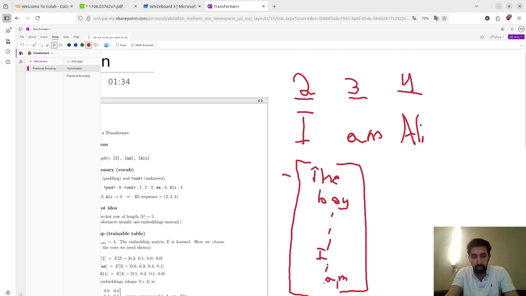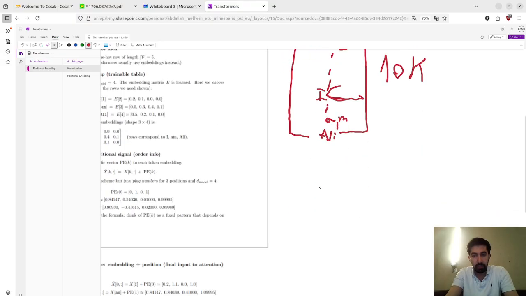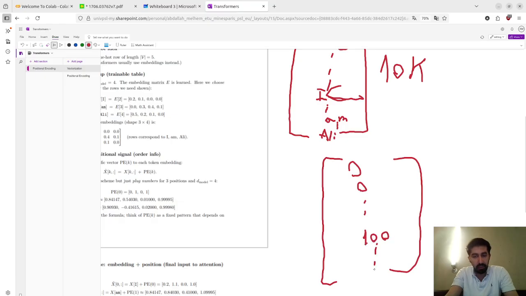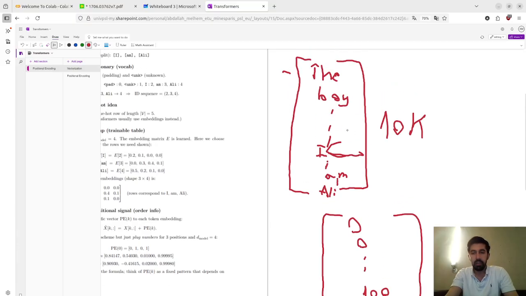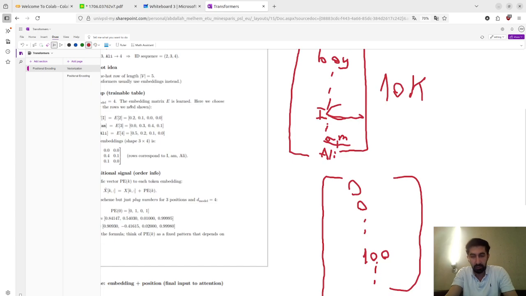Let's say our dictionary is of size 10,000. We should get where I is in the dictionary. Let's say it's at position 100. Then we represent it by a vector of zeros everywhere, then 1 at position 100, then zeros everywhere. The same for am. Let's say it's at position, sorry, here not 100, here just 1.